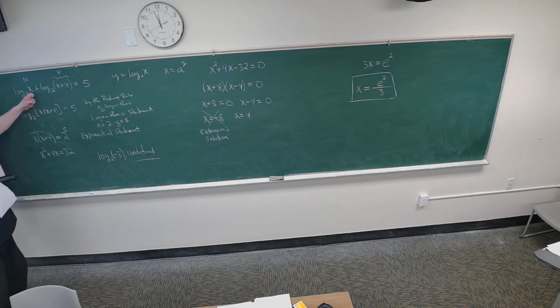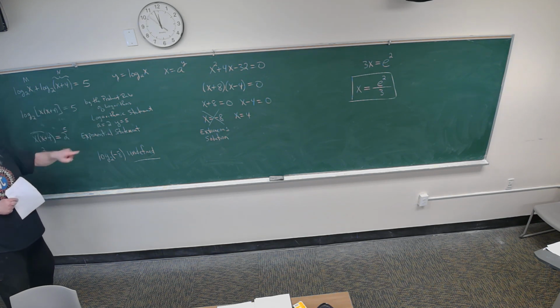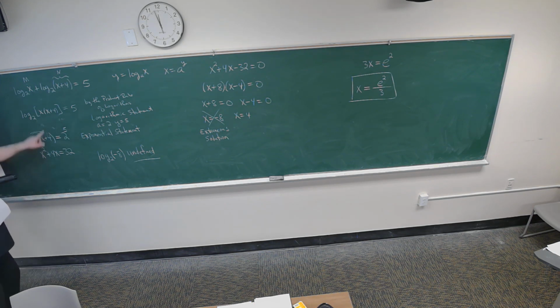Because you're taking log base 2 of 4 plus log base 2 of 8. And you can show that that does indeed equal 5. Okay? So you always have to check for extraneous solutions. Where did that extraneous solution come from? When we condensed. When we used the product property and went from 2 logarithms to 1, we created this quadratic, which has 2 solutions. Okay? And so, whenever you condense and you create a quadratic, you've got to look for that extraneous solution. Okay?